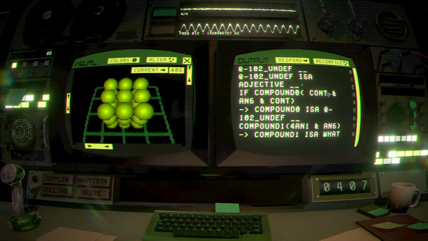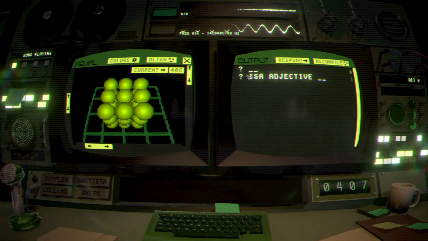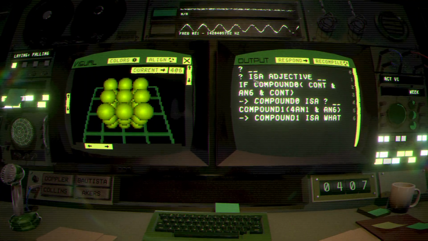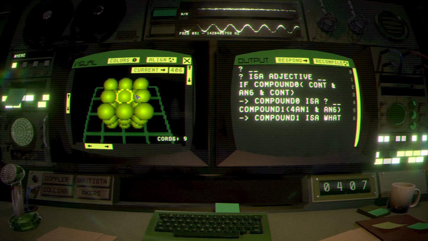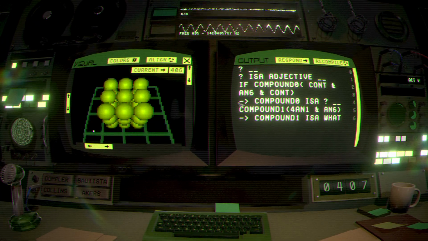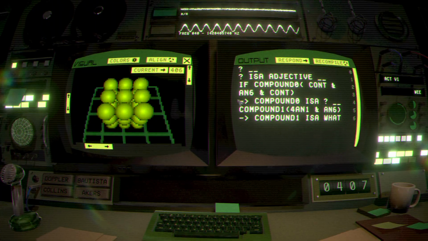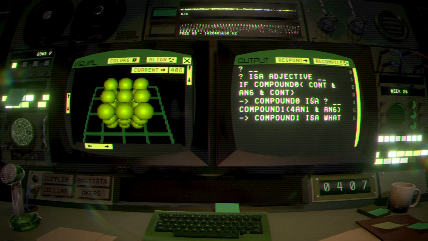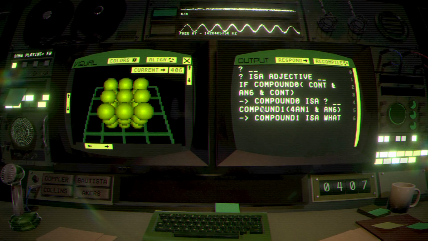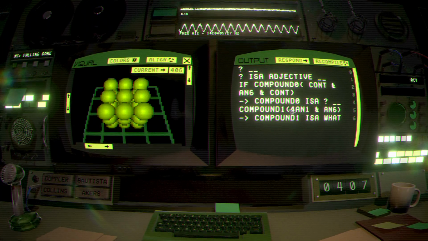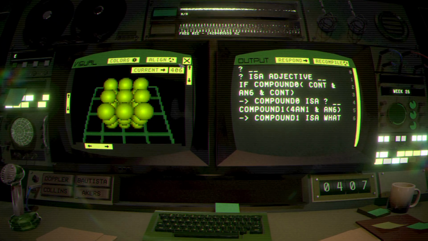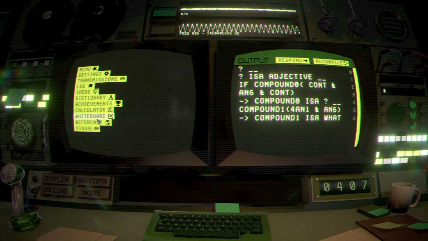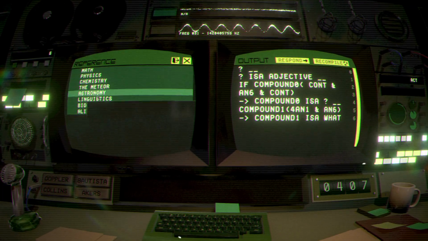Alright, and we got something. Something is an adjective. If a compound is just a bunch of AN6, then compound 0 is a what? If compound 1 or AN1 and 1 is a what?